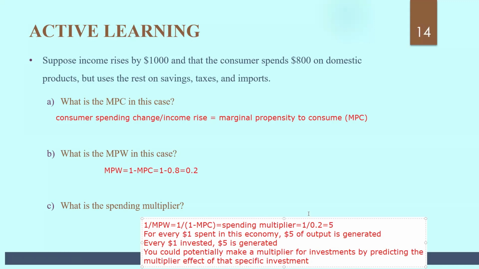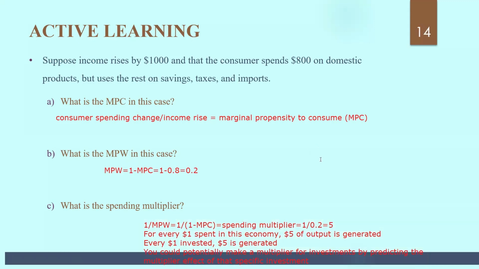You would have to generate it differently than how we generate it here, but it's a potential option for figuring out how much money you're going to make on an investment. So great work on that one.